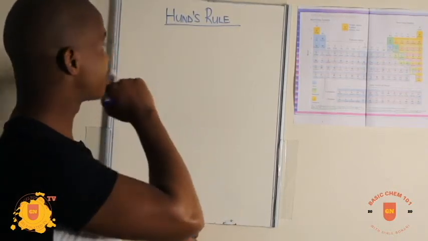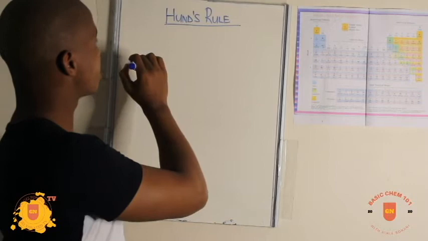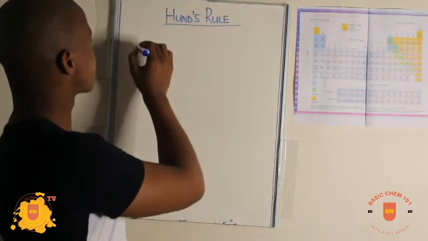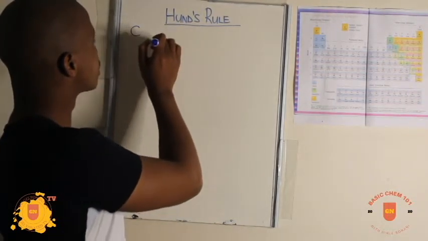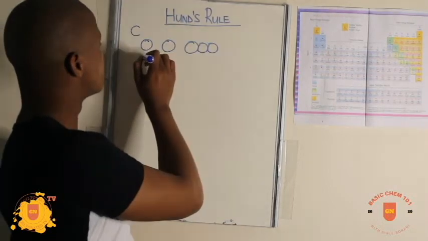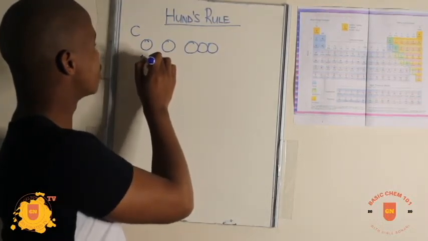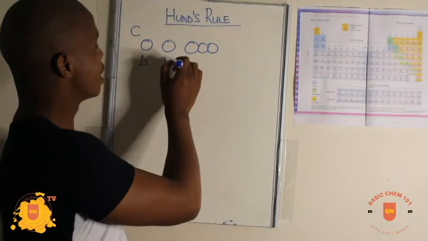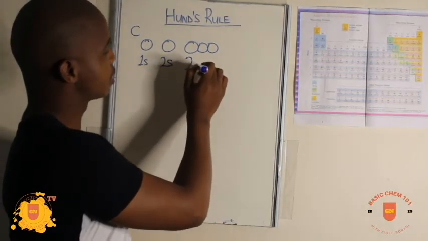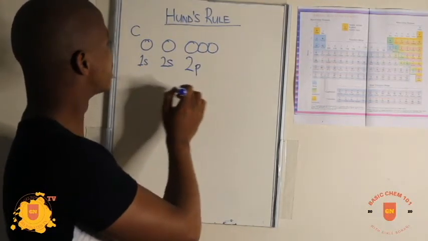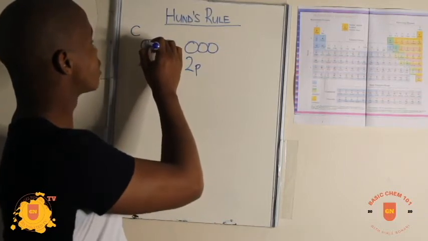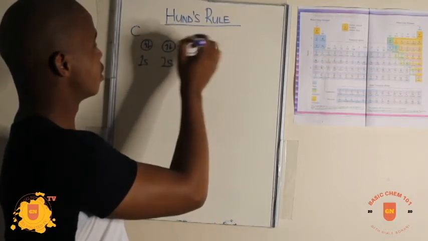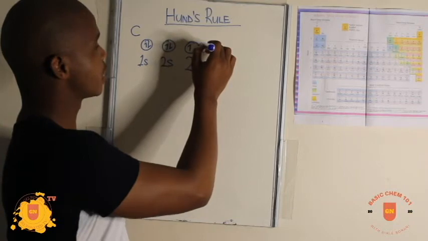If we take an example of what we have already spoken about, if we have 6 electrons, you would have your 1s, 2s, and 2p, following Hund's rule.